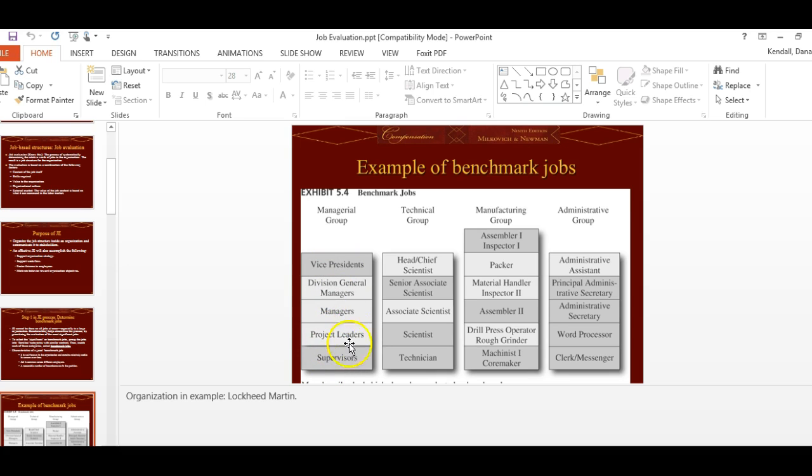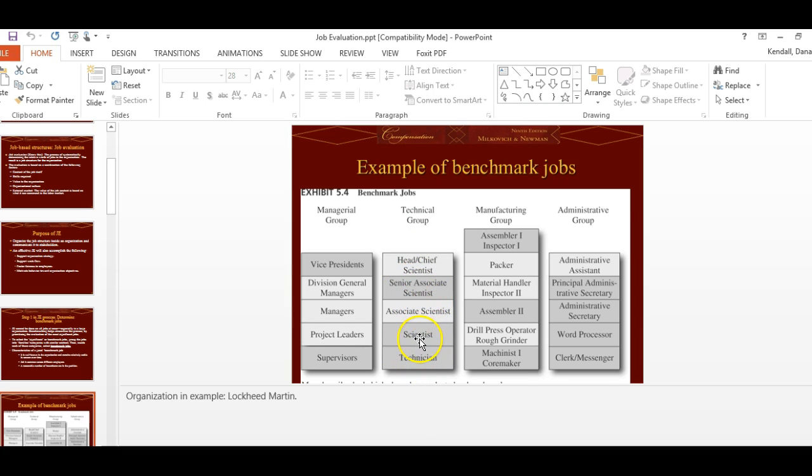Maybe there are only a few people in these, maybe they're not as important to the org strategy, so we are going to leave them for now and focus on the ones that are more significant in terms of their impact. Same with the technical group. So we've selected 3 benchmarks. These are shaded a little bit darker.